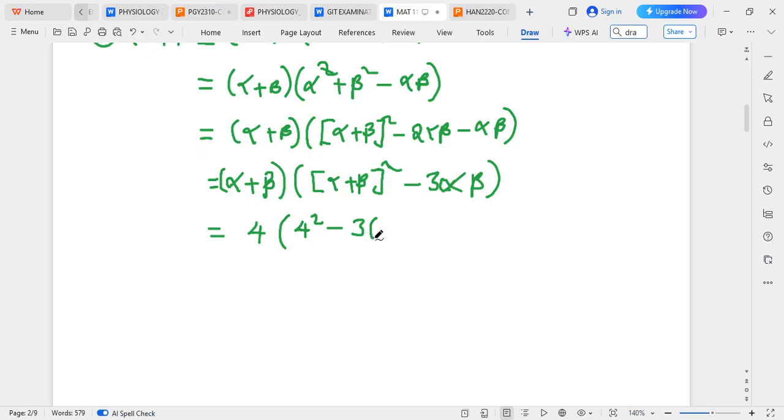Where there's alpha beta, it's a negative 2. And so this is going to be 4 times, 4 squared is 16, so I've got 16 plus 6, that is 22. So 22 times 4, that's 88. I hope that is clear with everyone. So that is how you answer that part of the question.